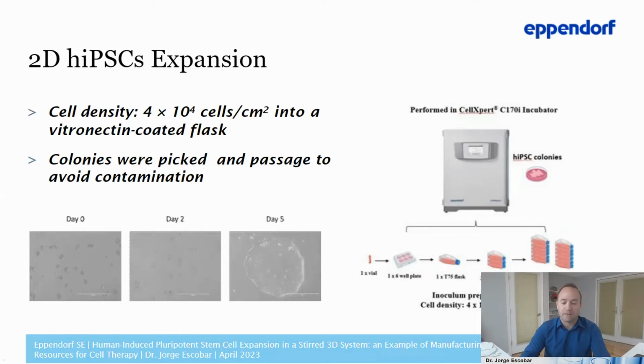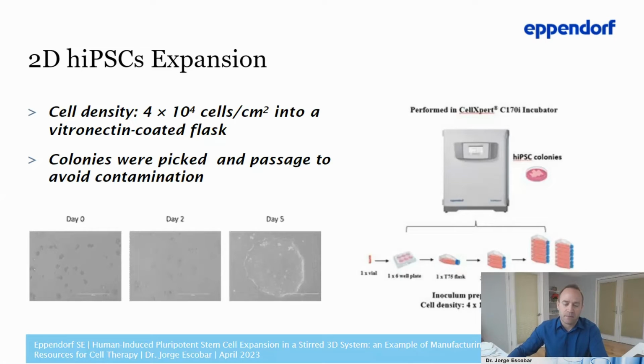If you see the morphology of the colonies in this slide, they have a circular morphology. So we traced a circle around the colony's border with a needle, and by using a P200 pipette, we removed the iPSC colony from the surface of the plate.